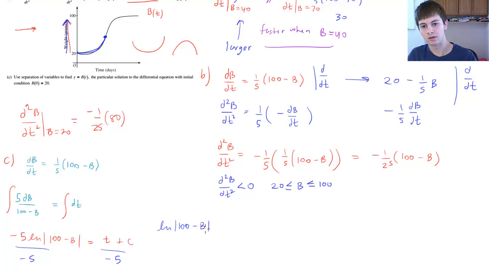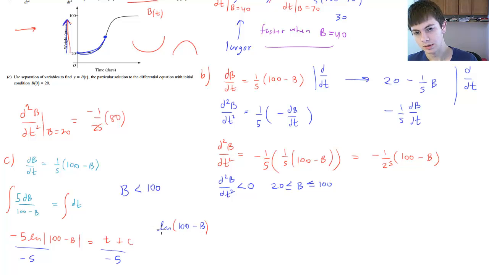Oh, and the other thing is that we already determined that b is always going to be positive, and b will always be less than 100 because it can't get to a weight past 100, because it's its adult weight. So we don't have to worry about having a function undefined here because the ln is negative, and so at this point we can go ahead and take down those absolute value signs and replace them with some nice parentheses so that we don't have to worry about going outside the domain of our function.